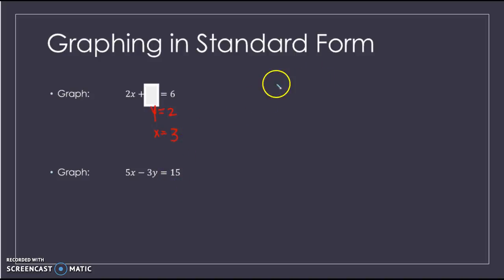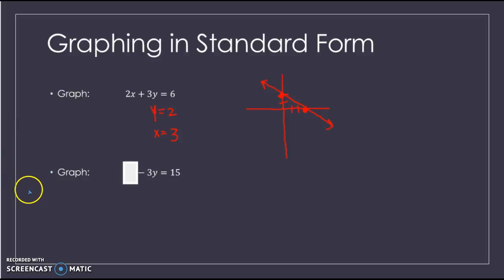So I'm going to go to my graph. I'll go to my y-intercept at (0, 2) and my x-intercept at (3, 0), and all I need is 2 points to be able to draw a line. And there's my line. For the second one, switch colors. To find my y-intercept, I cover up my x.